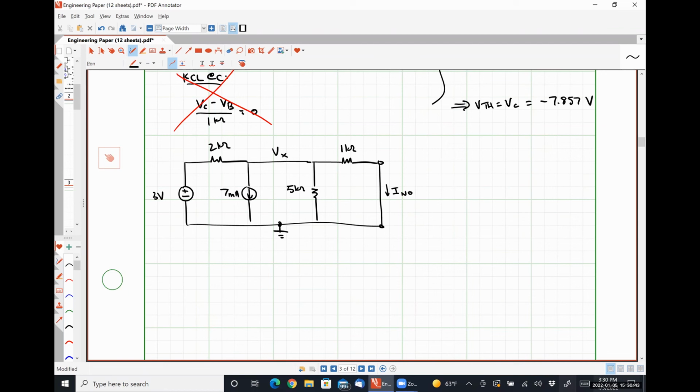So we could write a KCL equation at node X, which would be Vx minus 3 volts over 2 kilo ohms plus 7 milliamps plus Vx over 5 kilo ohms plus Vx over 1 kilo ohm is equal to 0.